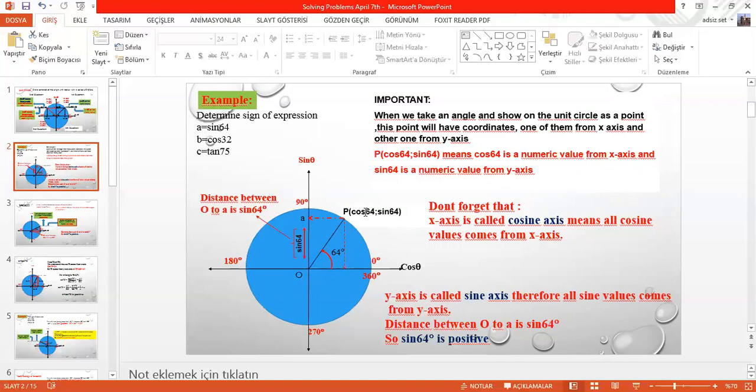So cosine 64 is the first component, it comes from x, so it's positive. Sine 64 is from the y-axis, the distance between 0 and A, so sine 64 will be positive in the first quadrant.